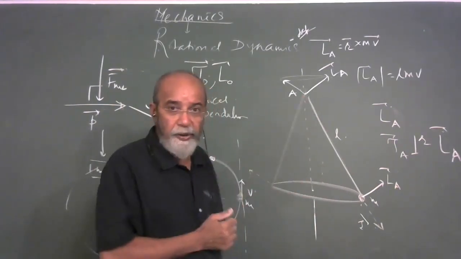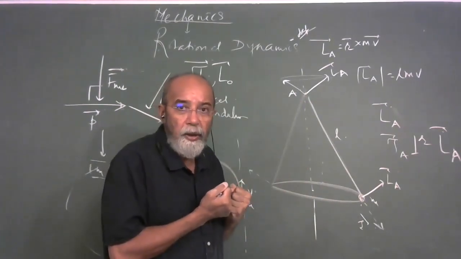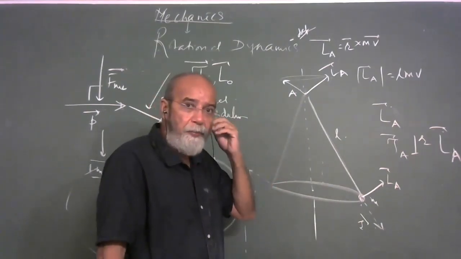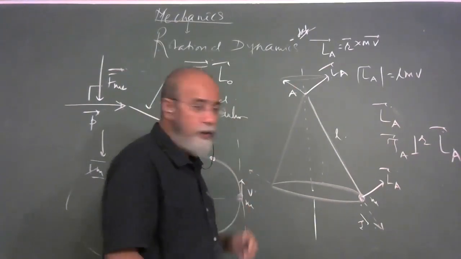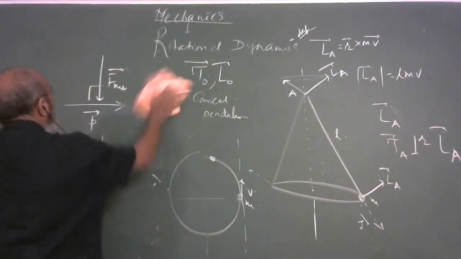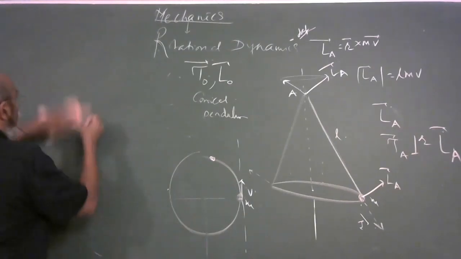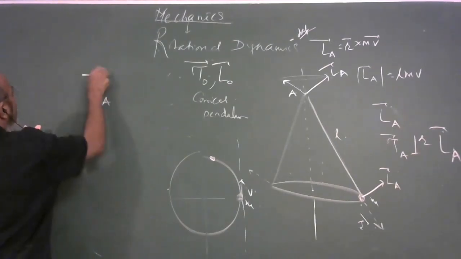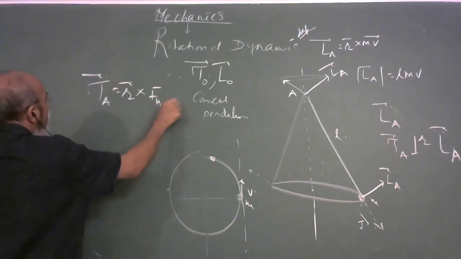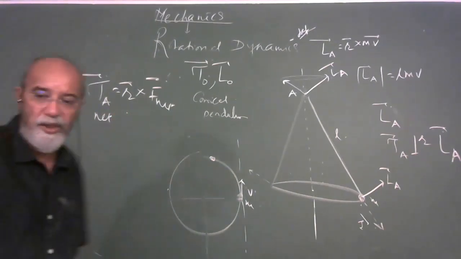For the same dynamic situation, I'm able to extract some more information. Let me find out the torque and see whether the torque is perpendicular to this. What is the definition of torque? So I'm finding out the torque about A. The torque about A is equal to R cross the net force. I'm only interested in the net.